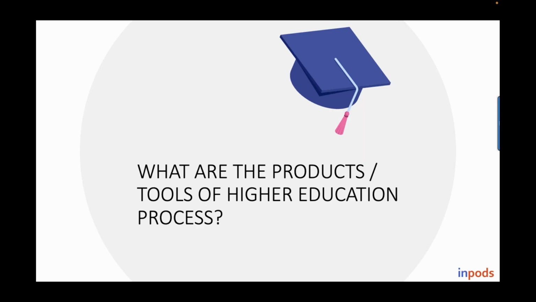Just like the field of manufacturing has evolved from quality control of products to quality assurance of the processes that produce the products, if we start applying this concept to higher education, we have to look at what the products or tools of higher education are.